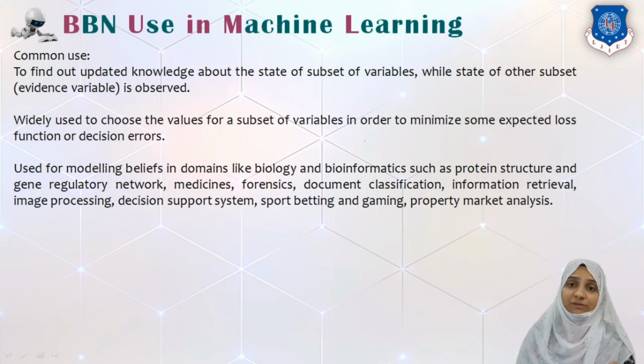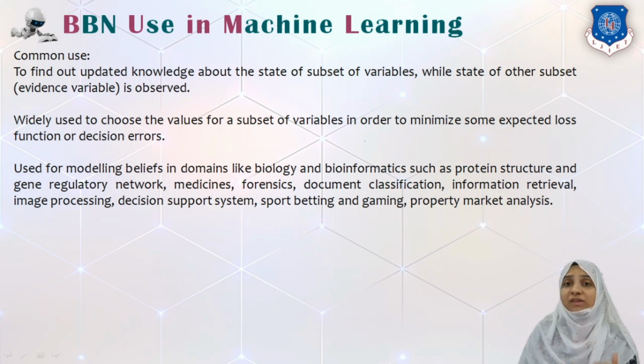That means whatever predictions we are making, if they depend on some other event, then it is better to calculate using a Bayesian belief network instead of calculating independent event probability. Applications of Bayesian belief networks are many, such as in bioinformatics, where we can use them to find protein structure, and gene regulatory networks, because some genes affect other genes in some cases, but in other cases they do not.